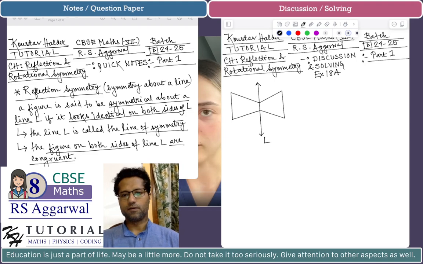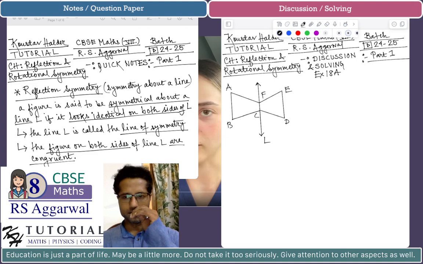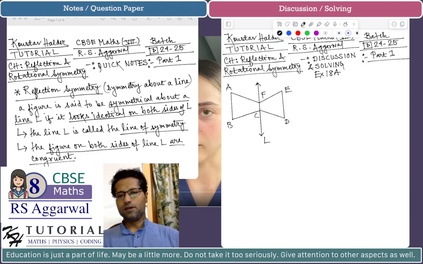Let's say this figure is A, B, C, D, E and F. We can see that this figure, having 6 sides, is more or less symmetrical about the line L. The vertical line is L. So this is known as reflection symmetry.